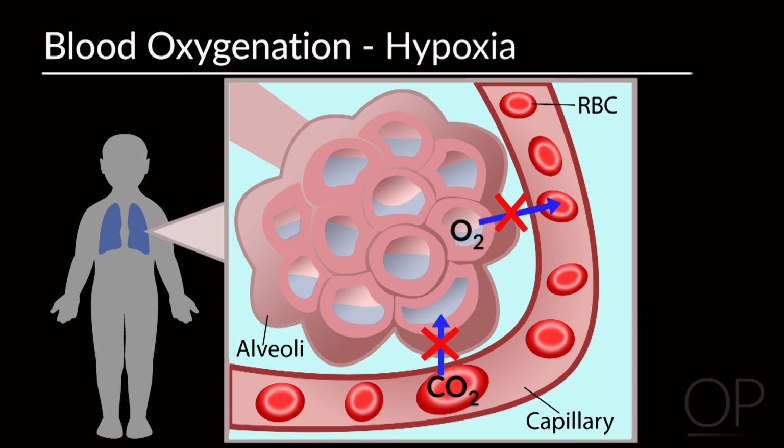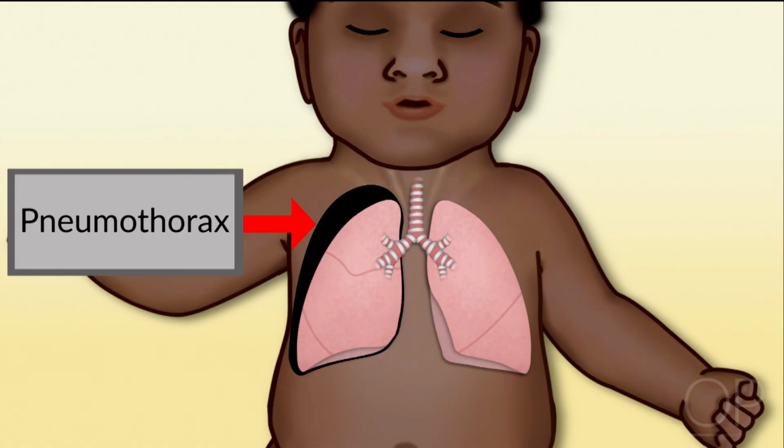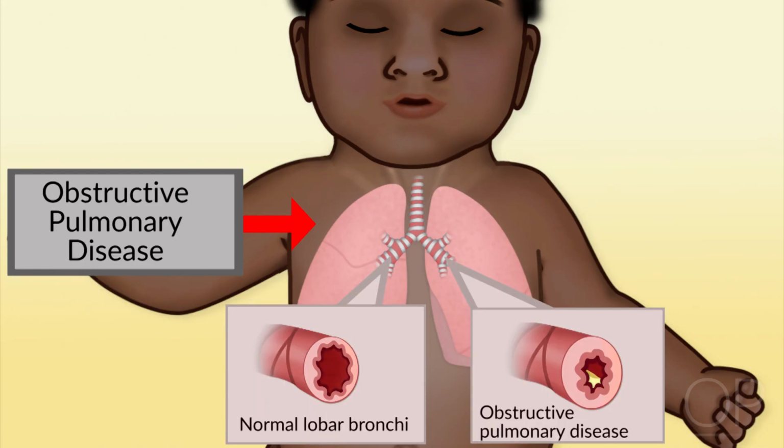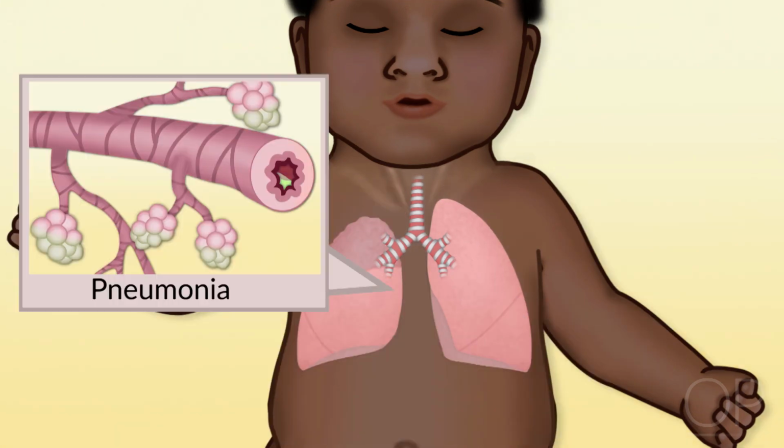Therefore, carbon dioxide is retained and oxygen saturation of the red blood cell is diminished. Other examples of conditions that block the pathway between the alveolus and red blood cell include pneumothoraces, pleural effusions, obstructive pulmonary disease, atelectasis, and pneumonia.